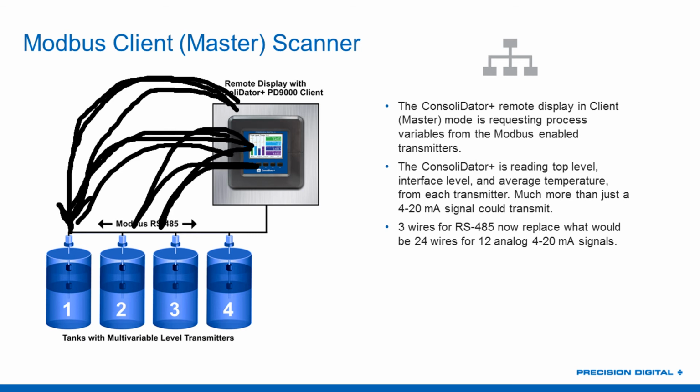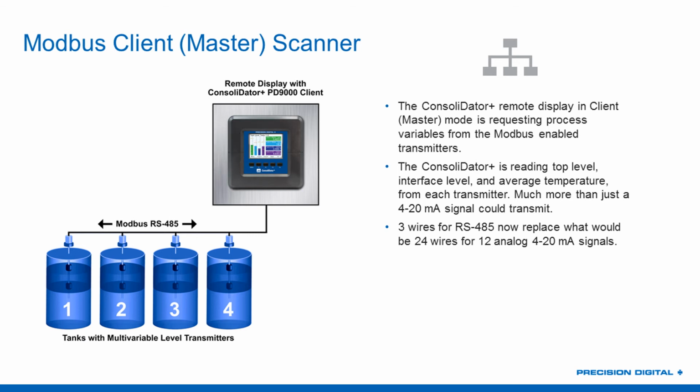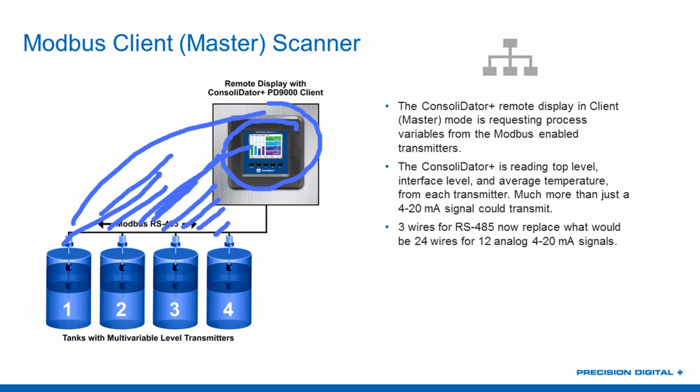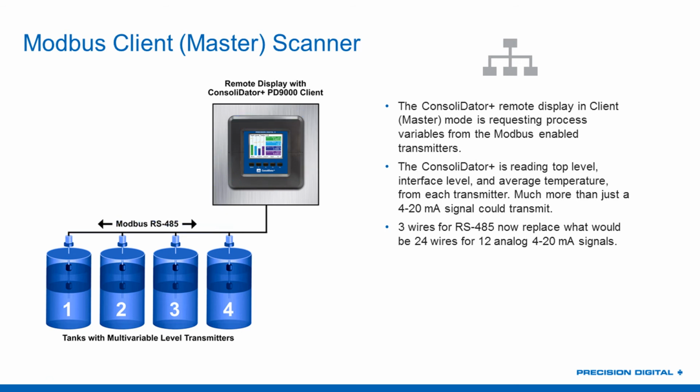And it just pulls that out of each one of these transmitters. And as those are slave devices, they respond. Then we'll display that information just like we would if those were actually 12 4-20 milliamp signals coming from all these things. And from there, you want to have relay outputs. You want to have 4-20 outputs. It's programmed just like those were 4-20 milliamp inputs.